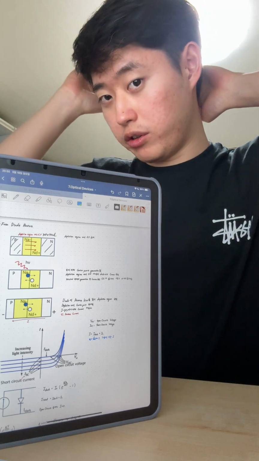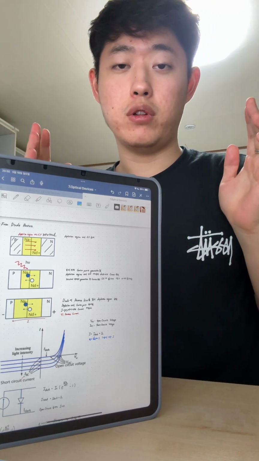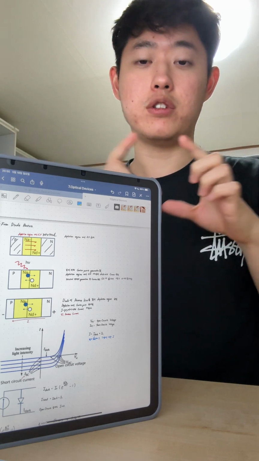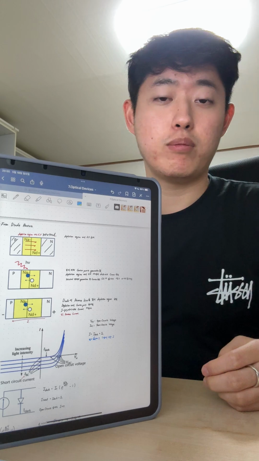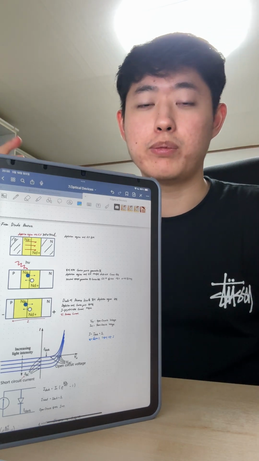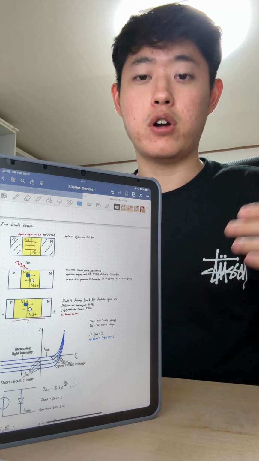This makes a current. When the depletion region is larger, the current is larger because more electron-hole pairs are generated.